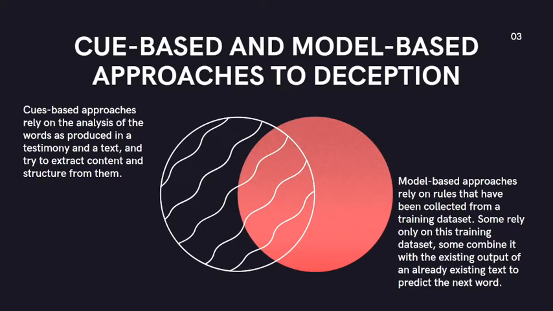You type the first words, and then the computer, the system, the model is going to predict the next words that you might want to use. Sometimes those are not the right ones, and that gives some weird texts that are sent around. But in our case, in our field in psychology and linguistics, we tend to use more cue-based approaches. So those are the ones I will mainly focus on today.